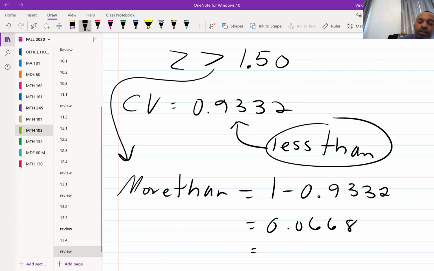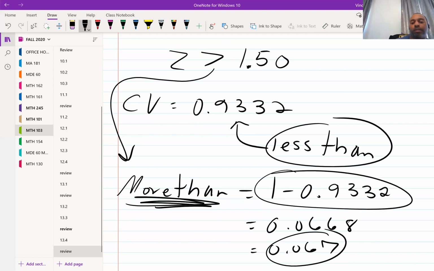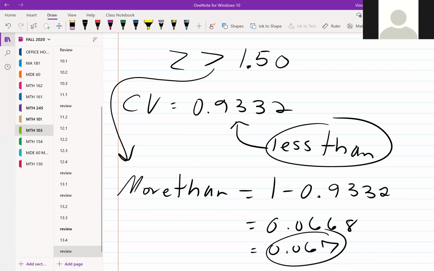And if they want it to the thousandth place, 0.067. Wait, you put the 1 there? You talking about right here? Yeah, the 1. What was the 1? Whenever you want to do more than, you subtract your chart value from 1. That's the process you will take. Is that for everything?